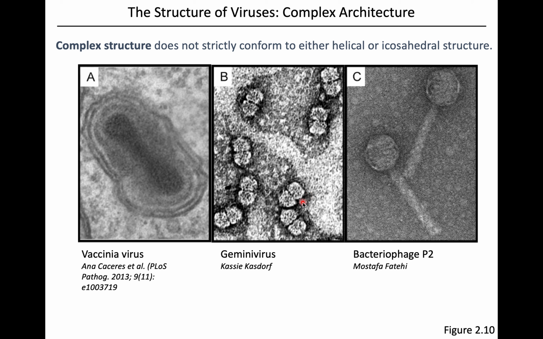Geminivirus, which is a plant virus, has again an unusual two-lobe structure, and we've already mentioned and looked at bacteriophage, which have this head and then a long skinny body and sometimes little legs or arms coming off of that. So again, just be aware, if it's not helical or icosahedral, we're going to call it complex structure.